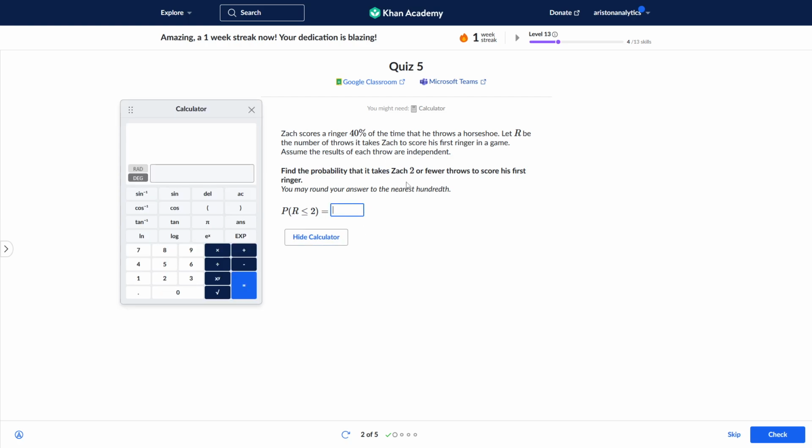Find the probability that it takes Zach 2 or fewer throws to score his first ringer. Score his first ringer. Two or fewer throws. Okay, so 1 and 2.